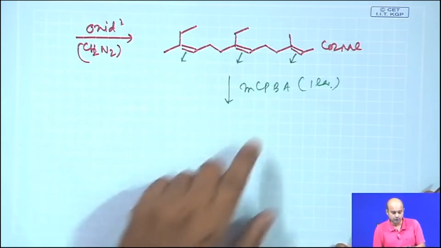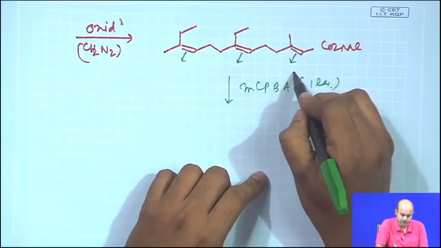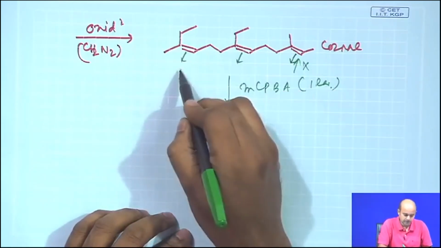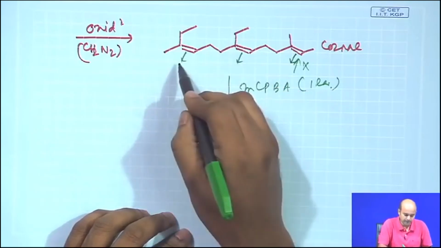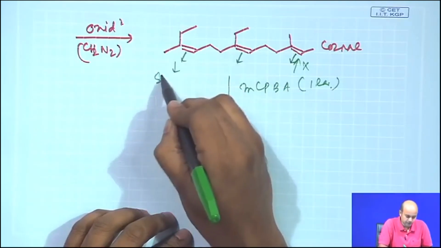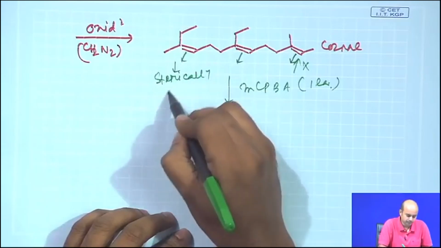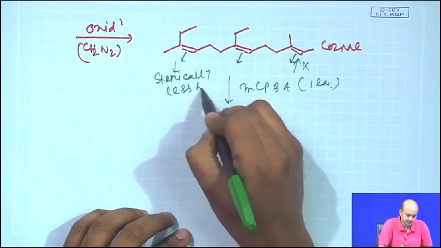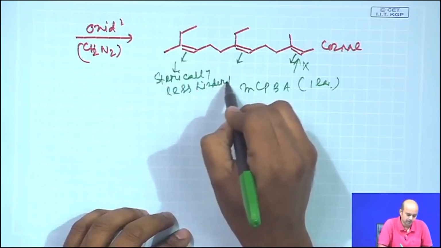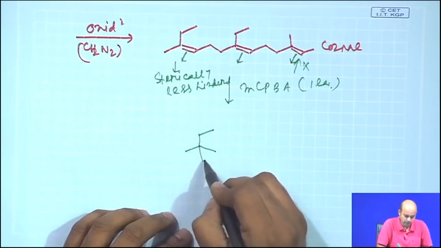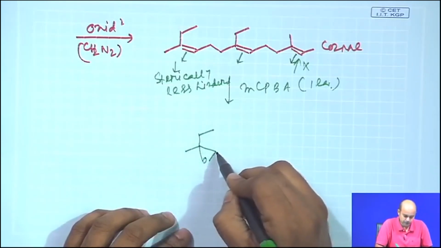MCPBA as we know is an electron deficient oxygen. So, it will not touch this double bond, it may touch this, it may touch here, but definitely as I said this is sterically less congested, less hindered. So, you can expect that these will now be epoxidized.